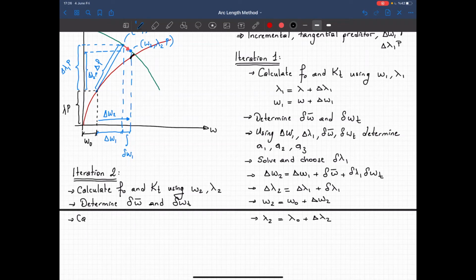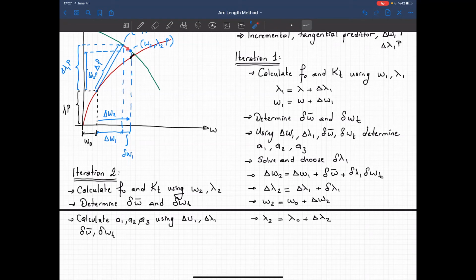Now calculate A1, A2, A3 using delta W1, delta lambda 1, and then V hat and del VT.